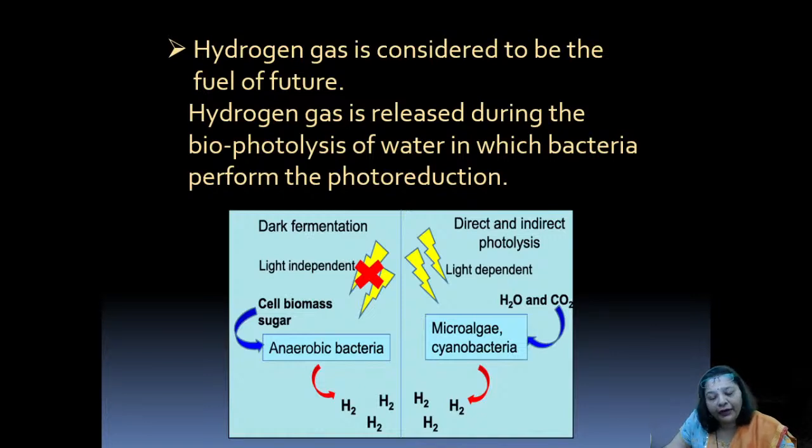Whereas sometimes, by direct and indirect photolysis, which is also light dependent, microalgae like cyanobacteria produce this hydrogen gas during the biophotolysis of water. In this manner, hydrogen gas is released, and it can be used as a fuel which is environment friendly, right?